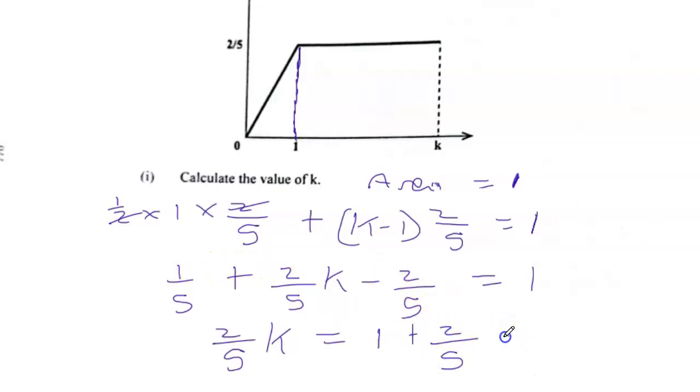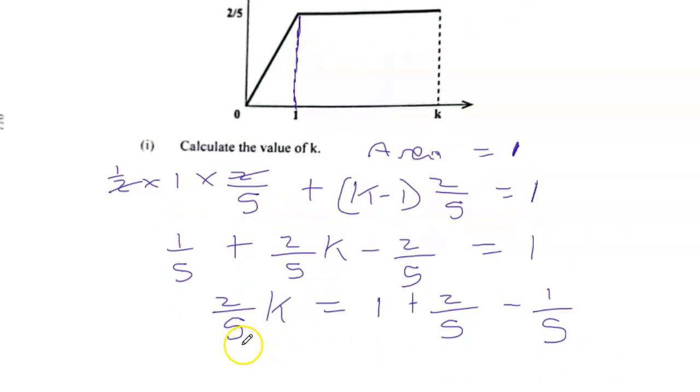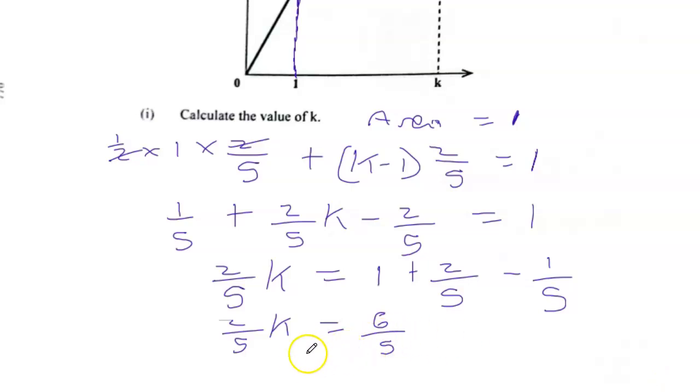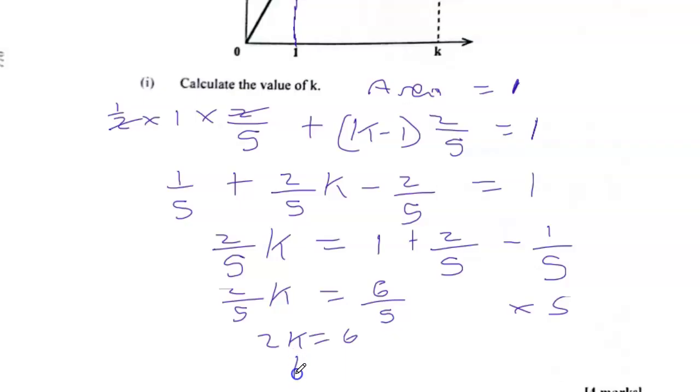Group the 1/5 also, that's negative 1/5. So 2/5 k is equal to 1 plus 2/5 minus 1/5, so that's 1 and 1/5, which is 6/5. If we multiply both sides by 5, we end up with 2k equal to 6. Divide both sides by 2, k equals 3.